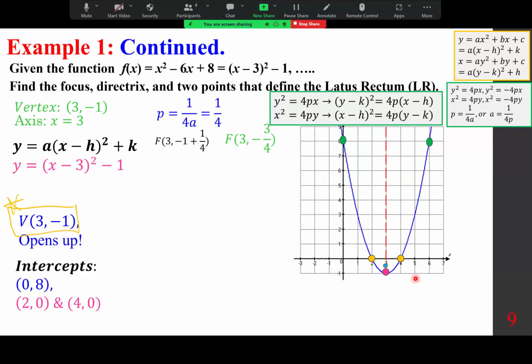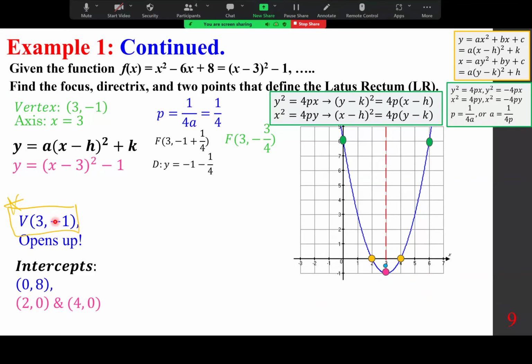Now, remember the directrix. The directrix is a horizontal line, with an equation y equals a number. And it's the same distance, p, going down. So if you look at, again, the y coordinate here, now going down by p units, that means subtract this number from -1.